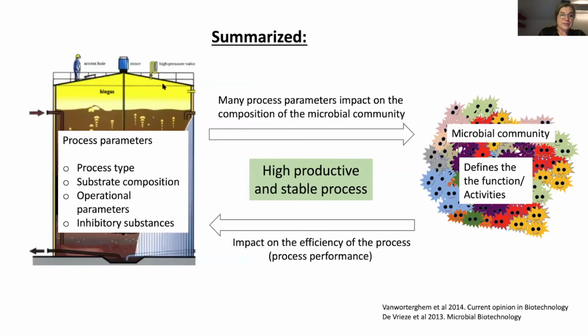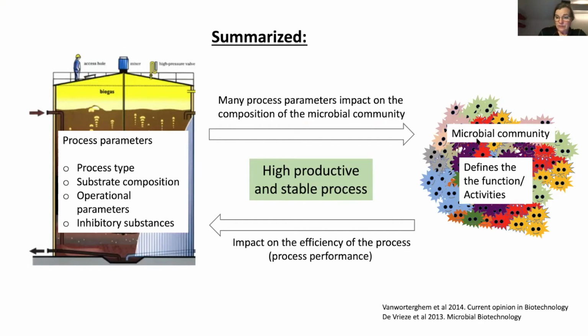So, summarized, you have a lot of process parameters. You have different process types. You have different substrate compositions, what you put in. You have different operational parameters, like how much you feed and what the temperature is. You have inhibitory substances. And these process parameters impact the composition of the microbial community and the other way around.